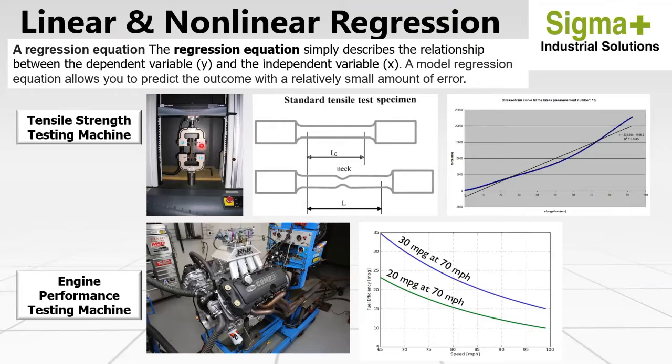The regression equation is an extent of the correlation between the independent and the dependent variables, the x and the y, from which we can conclude a statistical equation, known as the regression equation, which can be used to predict the values of y with minimum percentage of error.